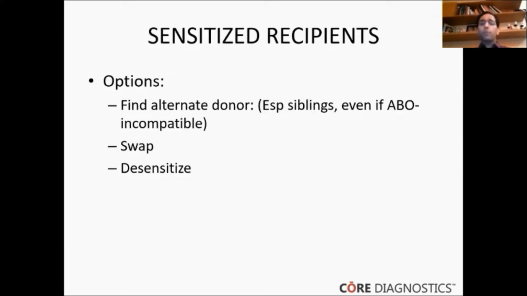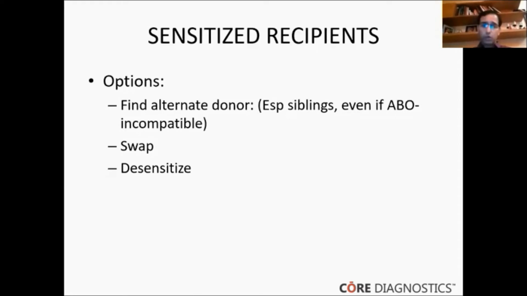So what are the options for sensitized recipients? The first option is to see if they can find an alternative donor, especially siblings where there is a possibility of being 2 haplo matched. Even if they're ABO incompatible, the risk of an HLA incompatible will be much higher than an ABO incompatible. So that is something that you should explore.